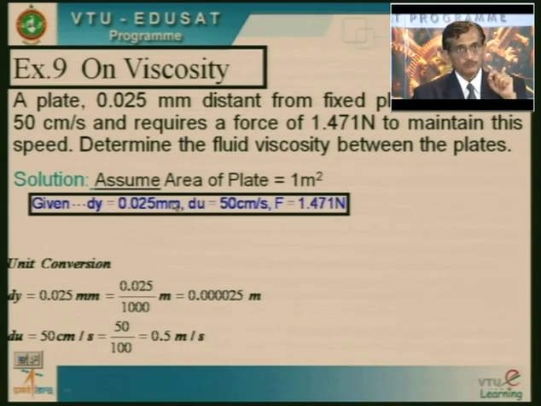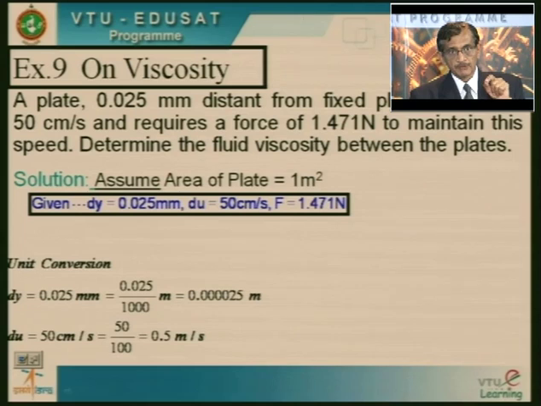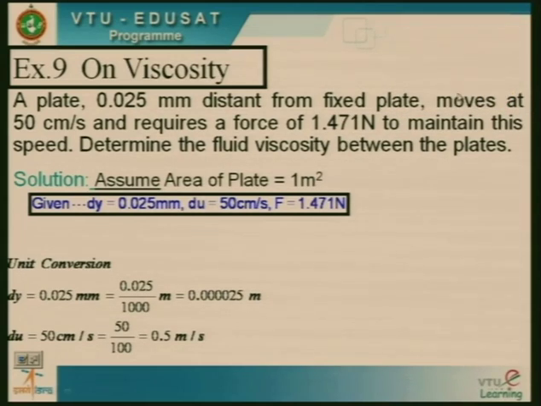Okay. Now next you see the plate of area 1 meter square is moving at a speed of 50 centimeters per second. It means the top velocity at the plate, du, is 50 centimeters per second, and we need a force of 1.471 to move this plate at that speed.